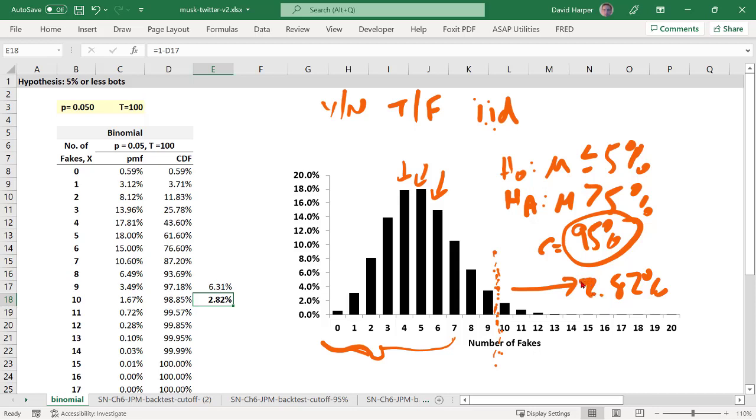And so I'm going to select that as the cutoff. And then this is going to be the probability of a type 1 error. That is what I mean: that's going to be 2.82%.